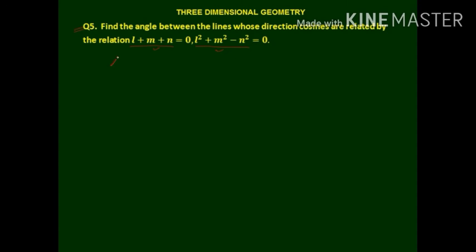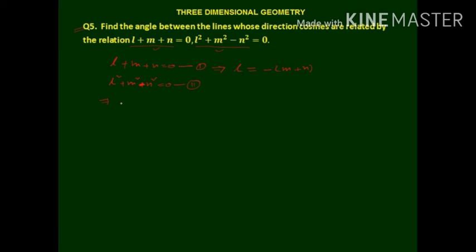So for doing this, let me start with this equation. You can start with any one of the equations, but try to see which seems a little easier. It is L square plus M square minus N square is equal to 0. Now we have to solve this. From this equation I can express L equal to minus of M plus N, and I'll put this value here.